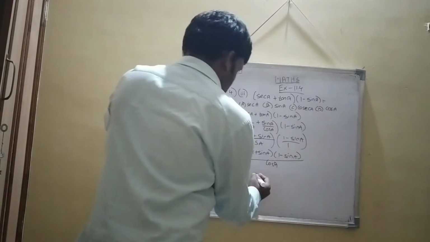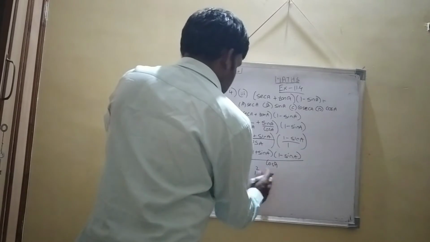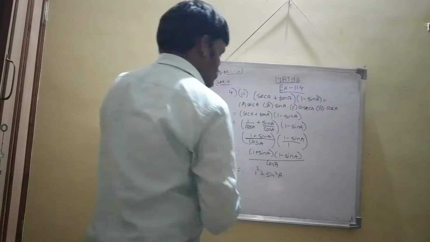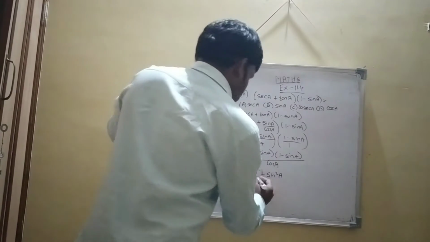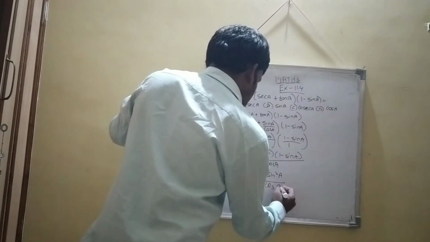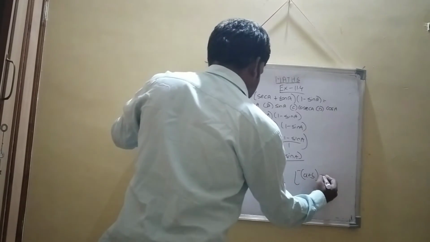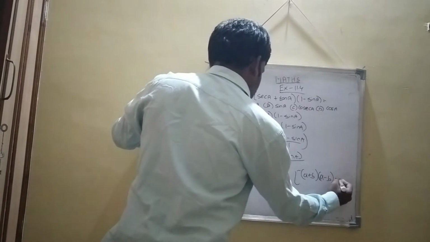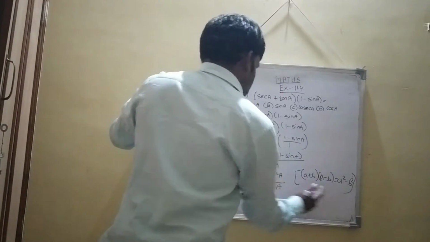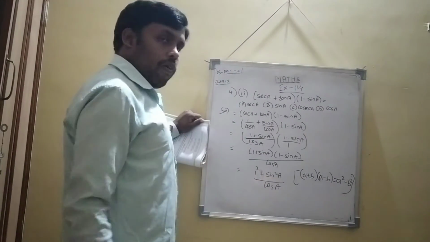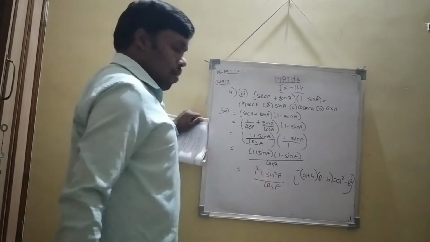So we can write this as 1 square minus sine square A divided by cos A, because (A plus B) into (A minus B) is equal to A square minus B square. So this numerator, which was in the form of (A plus B) into (A minus B), is written in the form of A square minus B square.